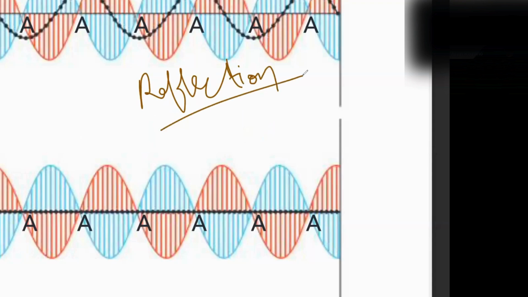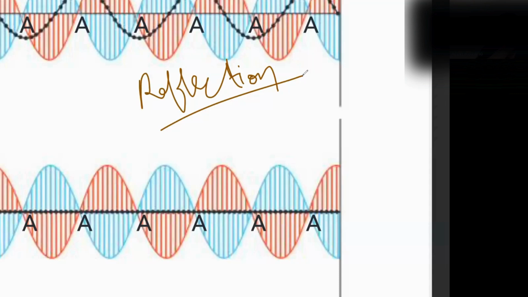What is reflection of a wave? It hits a point and then goes back, bouncing back. Light falls on a mirror and bounces back. That particular phenomenon is called reflection.